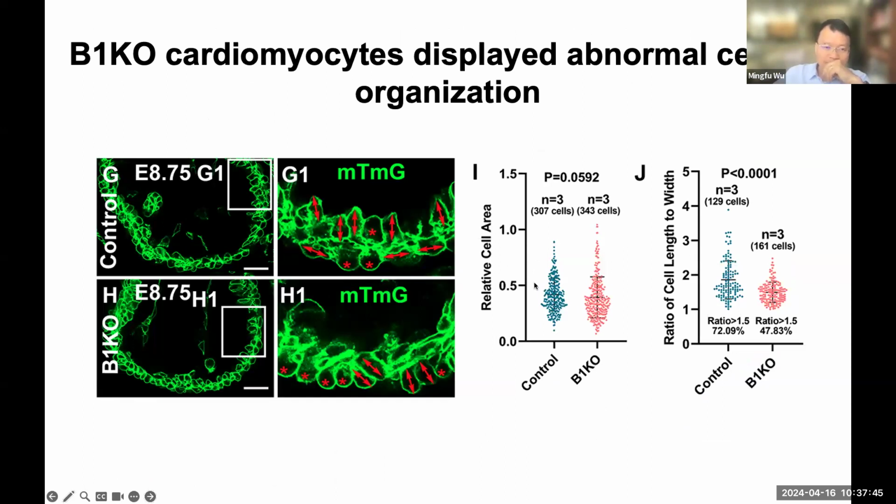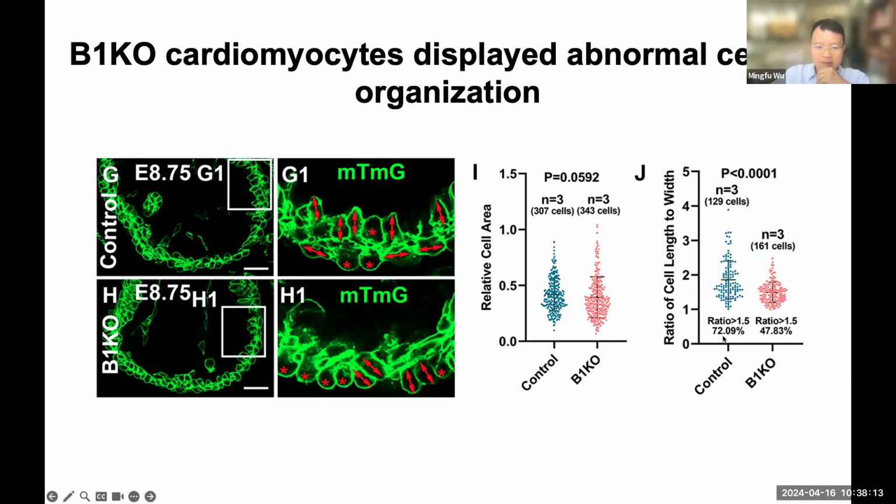We measured the relative cell area based on cell size, and we didn't see any significant difference between control and knockout. However, we measured the ratio of cell length to width, which is an indicator of cell orientation, or of cell shape. And we found that the ratio is significantly different.